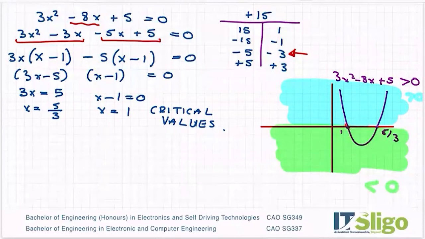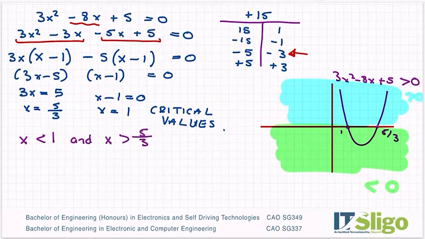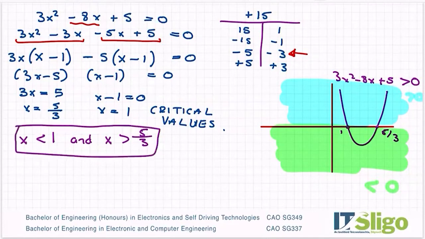Okay, so it's outside of these critical values because it's there that the graph is greater than 0. Okay, so our answers to our inequality, x is less than 1 and x is greater than 5/3. Okay, that is when that graph is greater than 0.